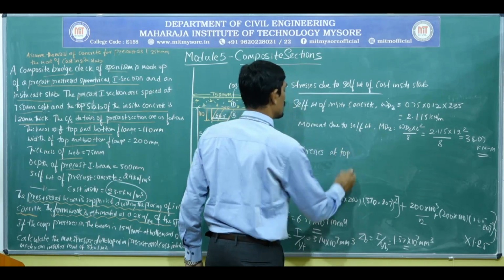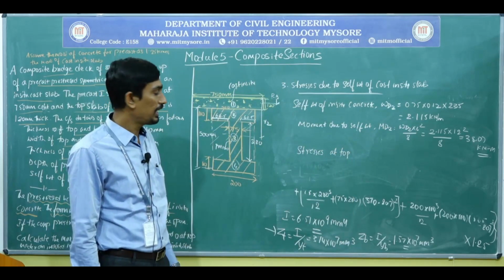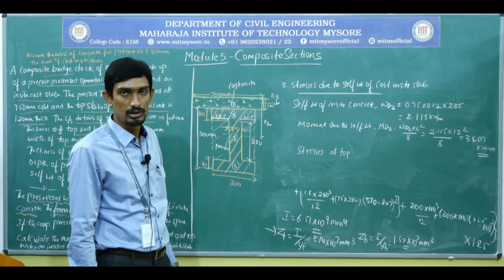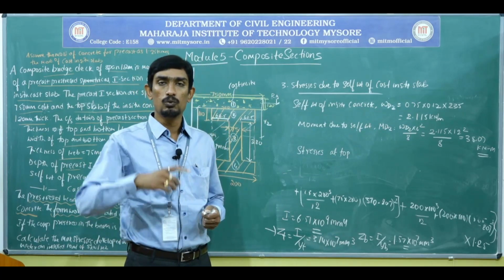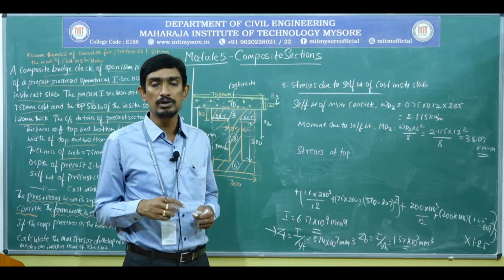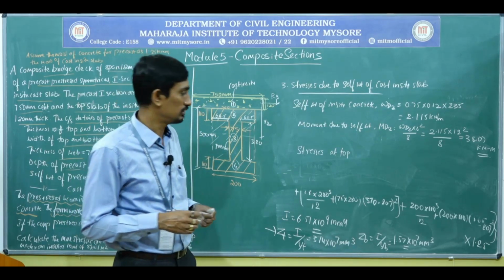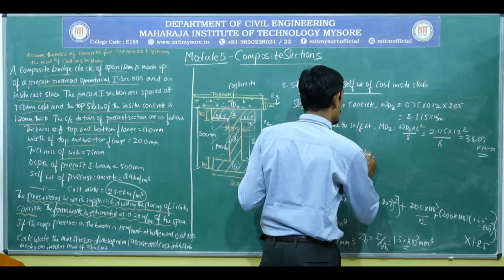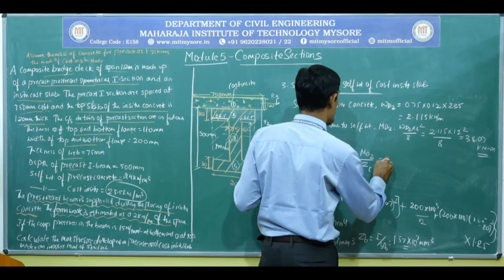Now coming to the stresses at top. You already know that while placing the cast in situ slab, they are going to prop the precast concrete section. That means if the precast pre-stress section is propped while placing the cast in situ slab, we need to consider the overall dimension of the composite section. So stress at top is equal to MD2 divided by Z top.